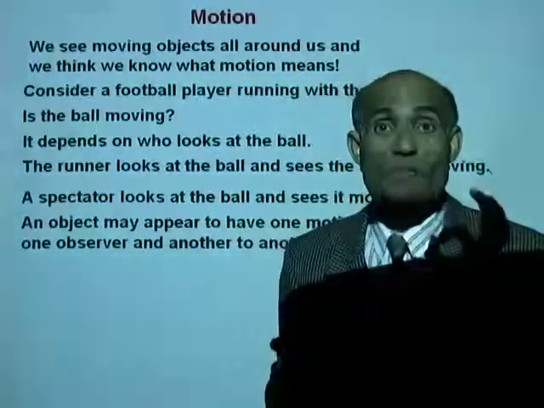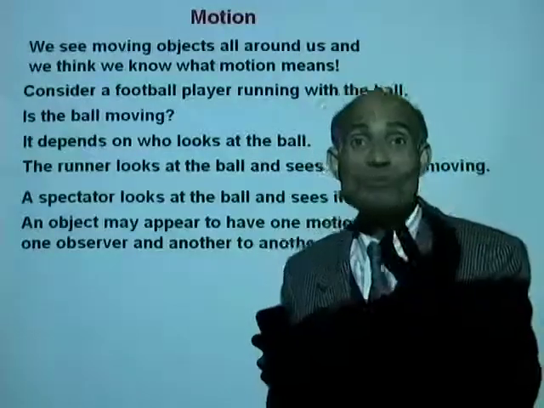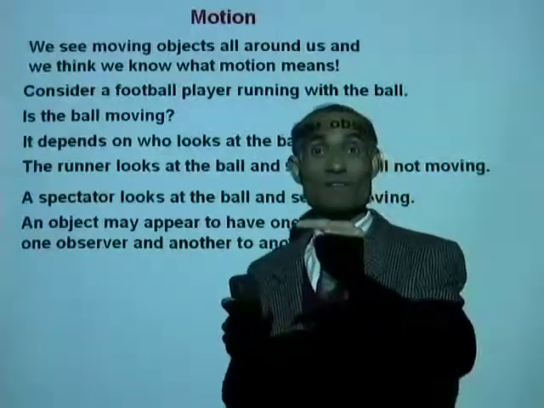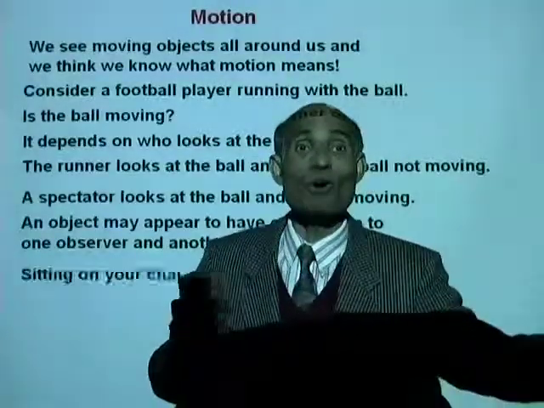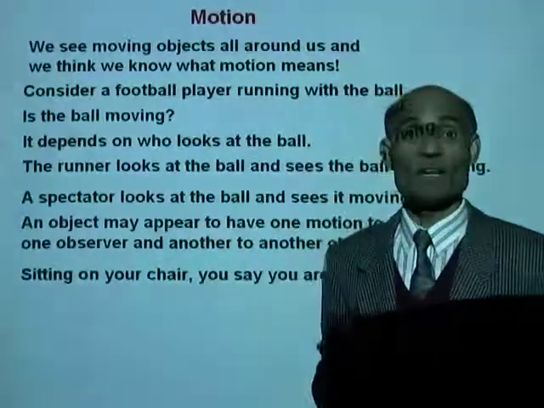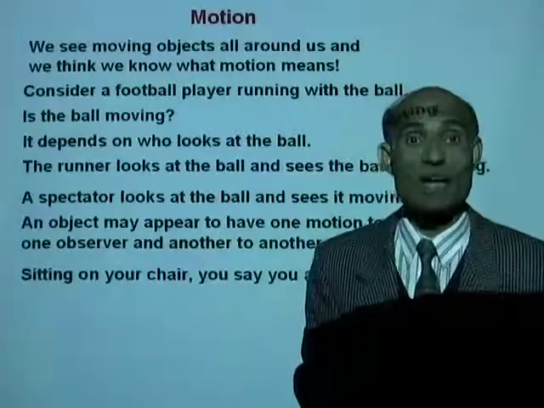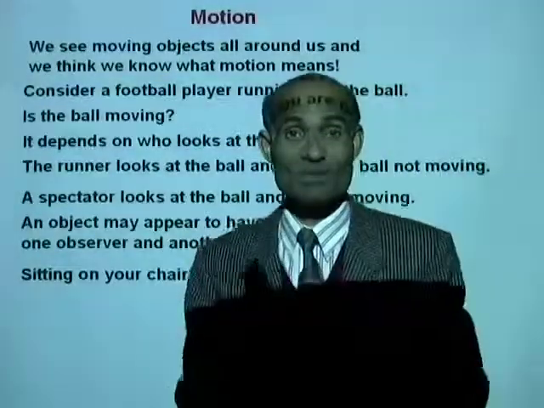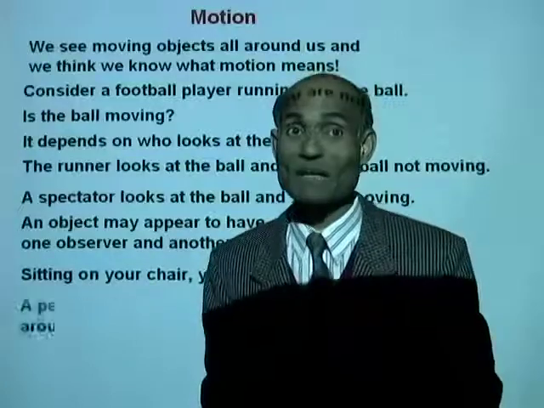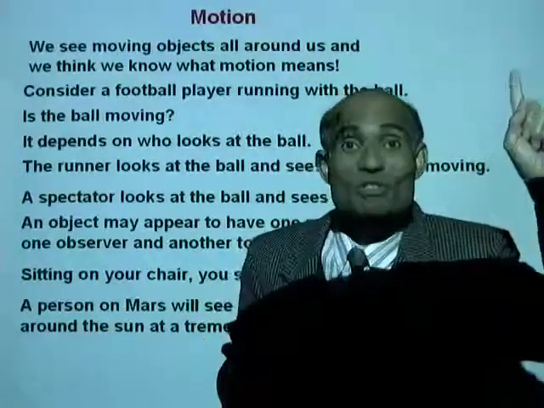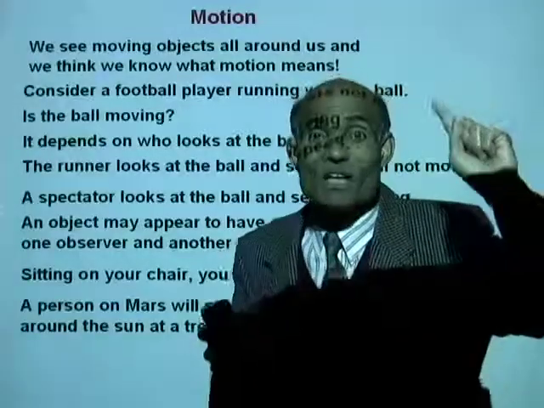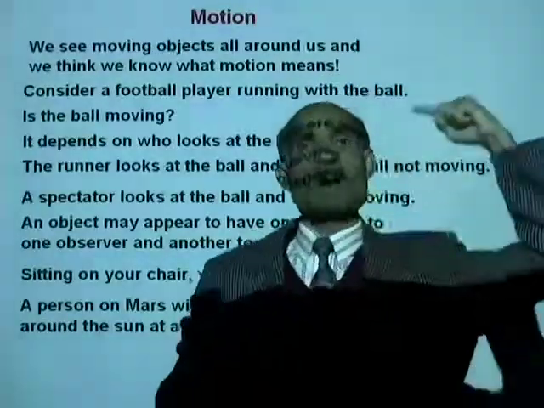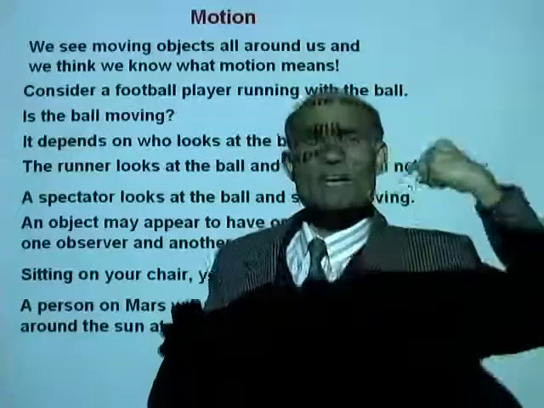Now, an object may appear to be moving to one person, whereas it may not appear to be moving for another person. Now, when you sit on your chair, you say that you are not moving. But suppose there is a person on Mars. What does he see? He sees you going around the sun at a breakneck speed.